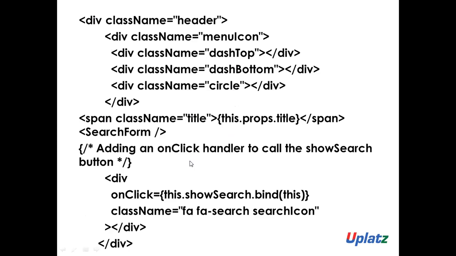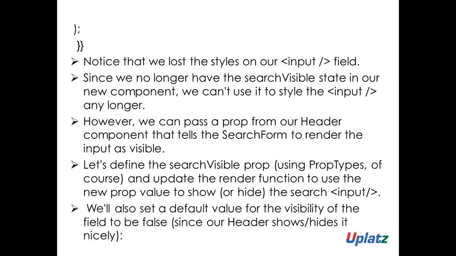Adding an onClick handler to call the showSearch button. So inside the div, I have the show search button. If I click on that button, that function will automatically be called and it will bind all the methods in that icon. So we have lost the style on our input field.